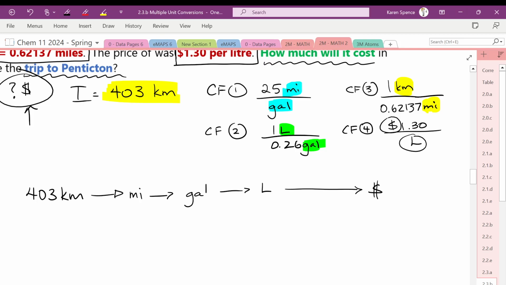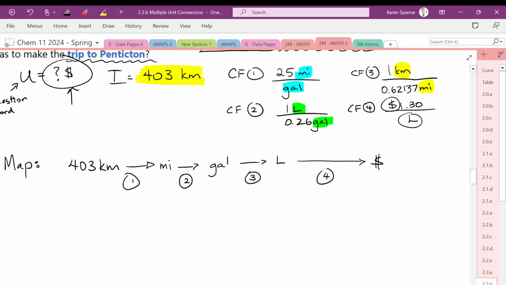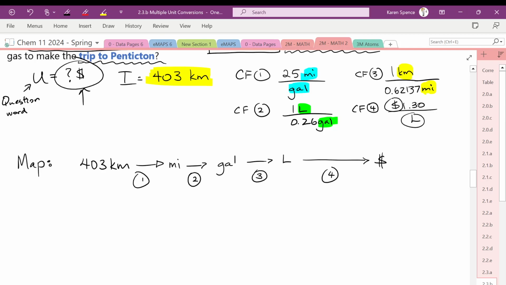So how many steps is this problem? It's 1, 2, 3, 4 steps. So we're going to start, and we're going to say my unknown is equal to my initial, and then I'm going to have 4 steps times a conversion factor, 1, 2, 3, 4.